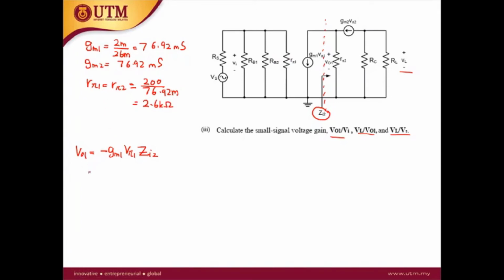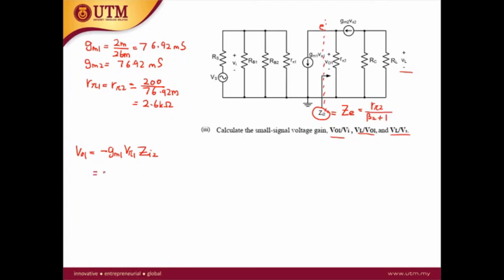Okay, we go back to V out 1. V out 1 is minus GM1 V pi 1 ZI2. So what is ZI2? ZI2 is the impedance seen from the emitter, this is the ZE. We know ZE is equal to R pi 2 over beta 2 plus 1.